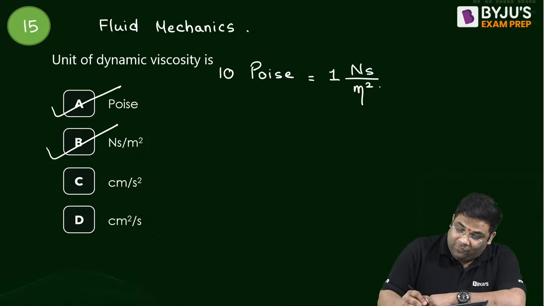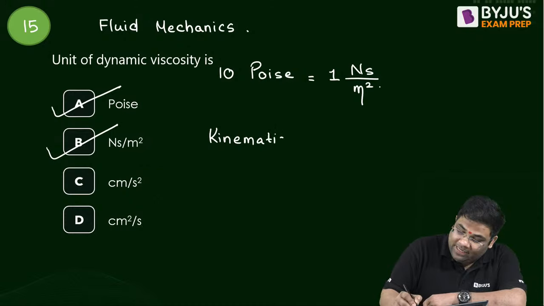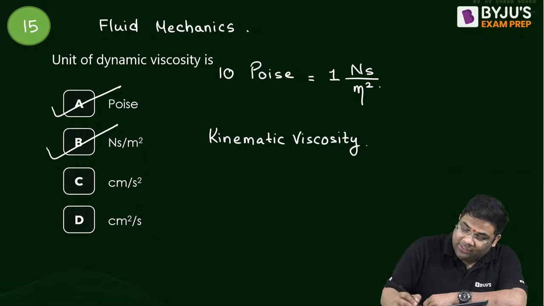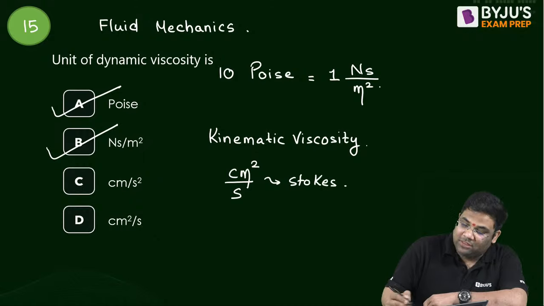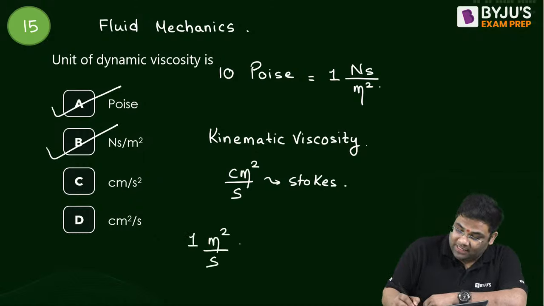For kinematic viscosity, the unit is centimeter square per second, which is Stokes. 1 meter square per second is equal to 10 to the power 4 centimeter square per second, or 10 to the power 4 Stokes.